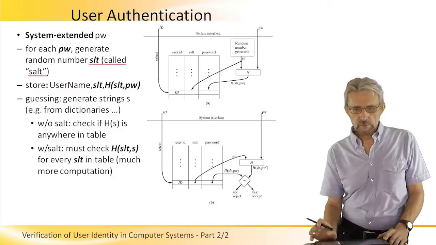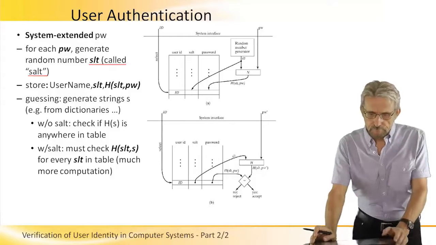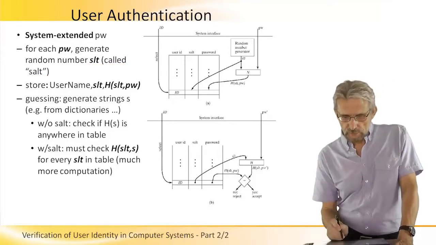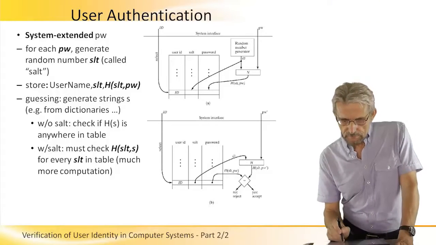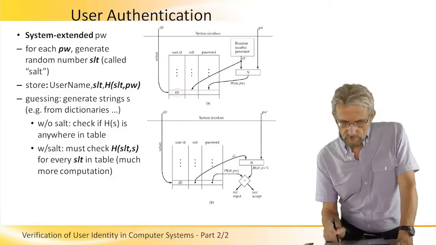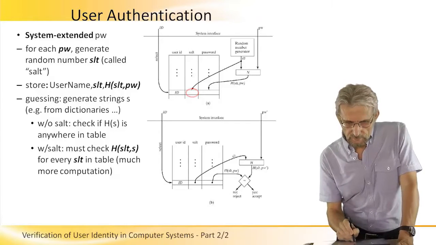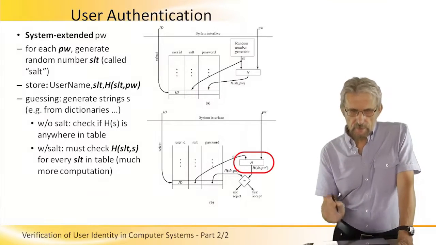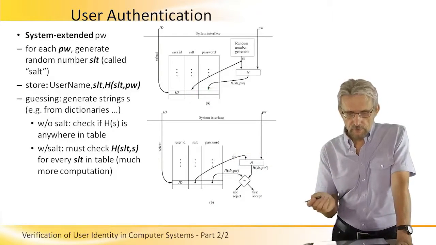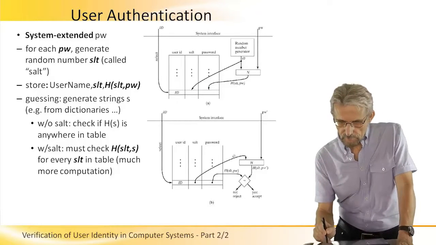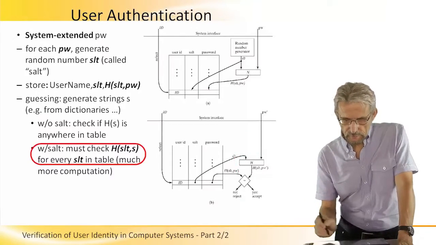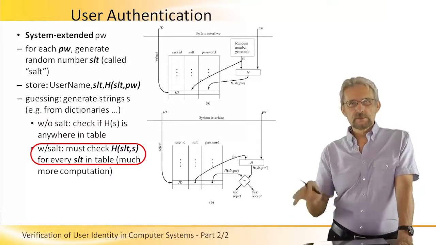I'm not sure why it's called salt, but that's what it's called. What the system stores, as you can see in this picture here, is the user ID, the salt, and then this encoding, which is again a one-way function of the salt and password. So it combines the salt with a password and stores the result of that function.